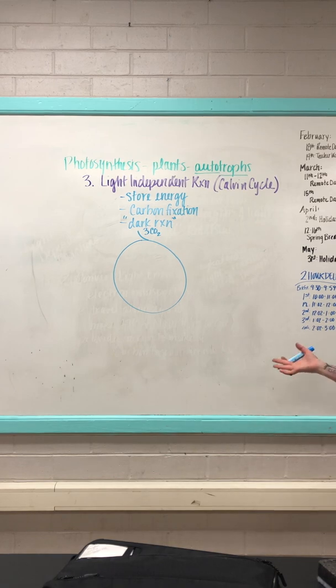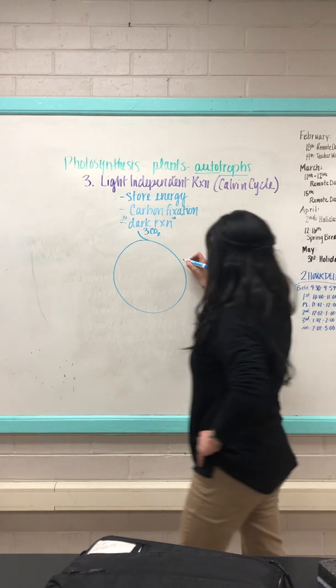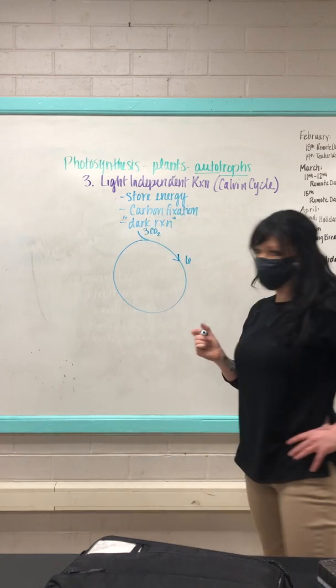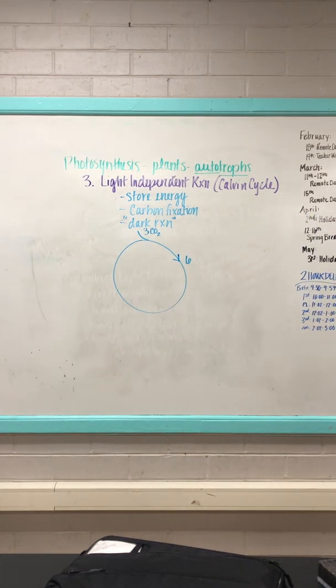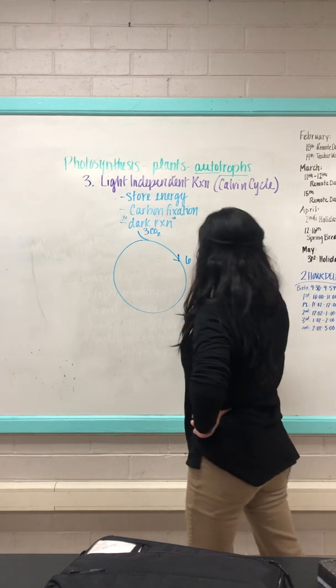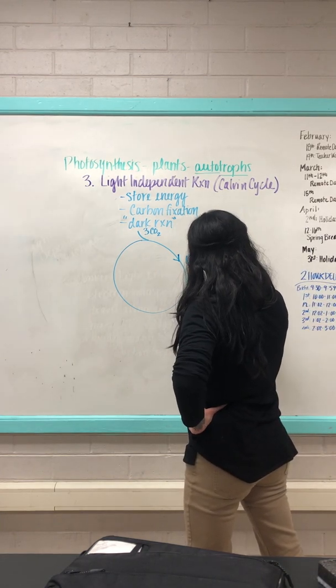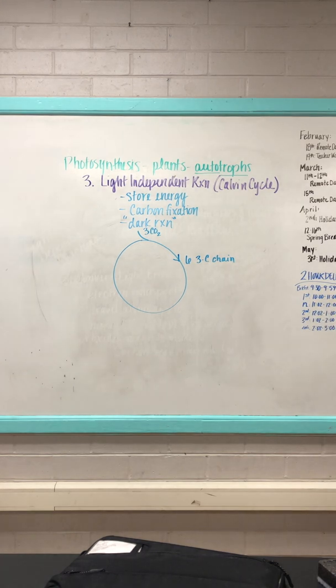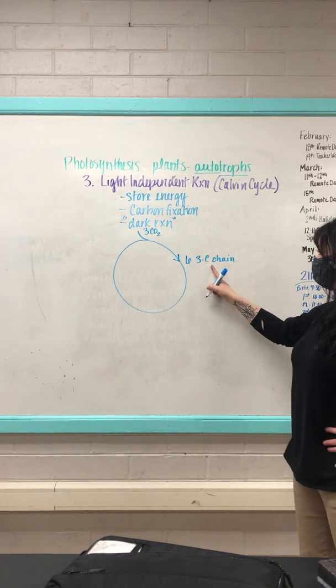Yes. Us, yeah. From us. How? We breathe it out. Yeah, we're breathing it out. So then it's going to, at this point, become 6 3-carbon chain. What do you think it has to have to convert?